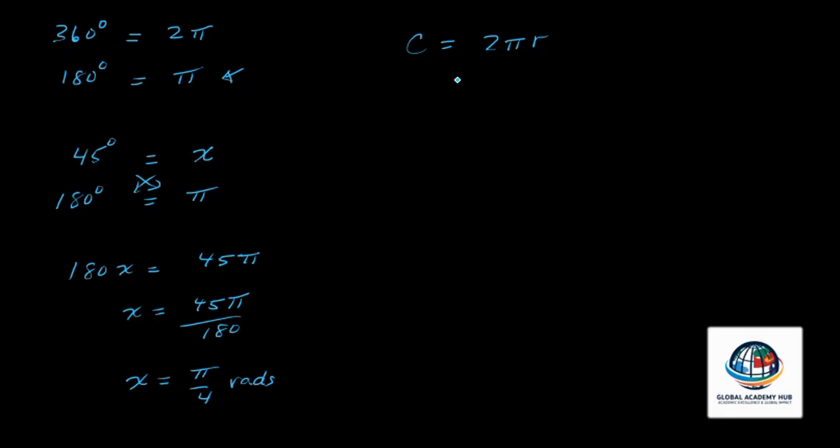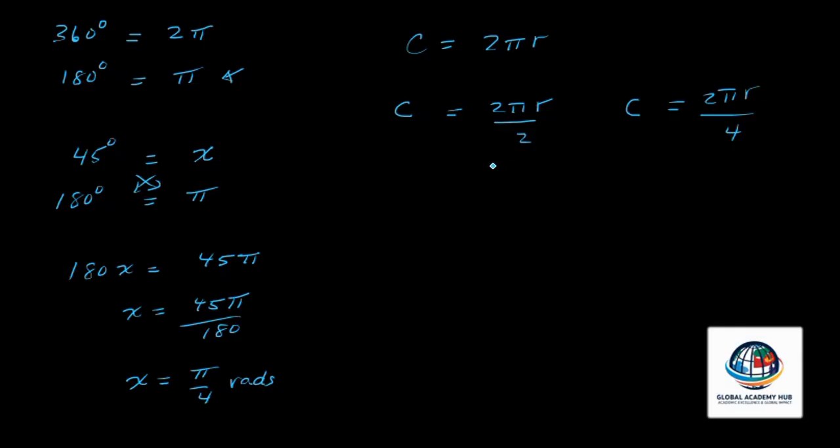So a half a circle would be 2 pi r over 2. And a fourth of a circle would be 2 pi r over 4.